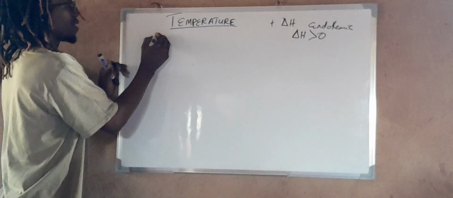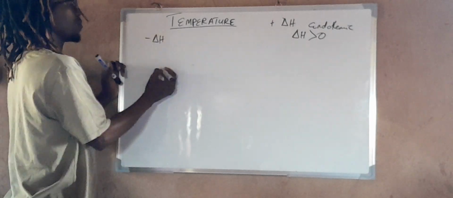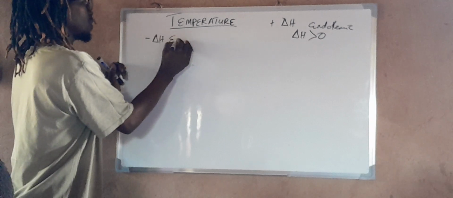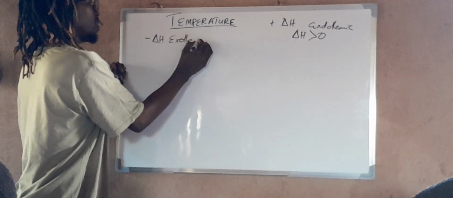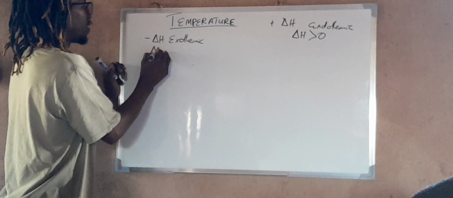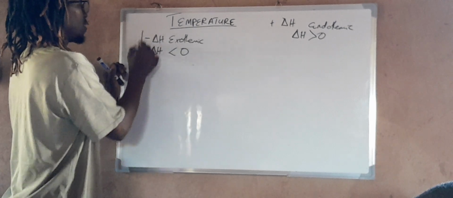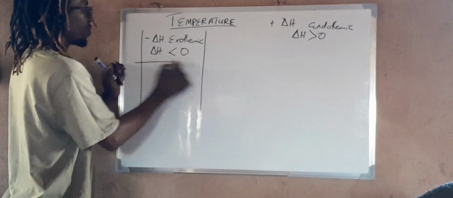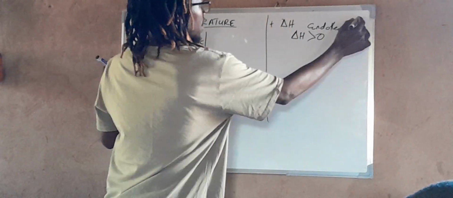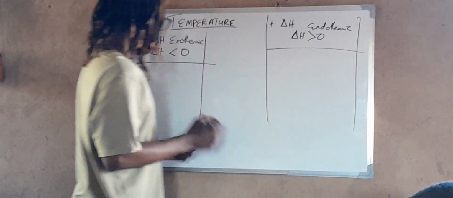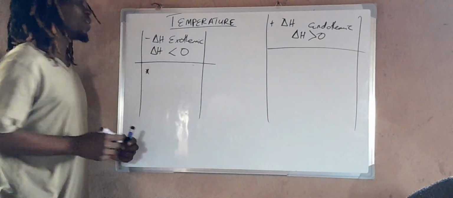And if we are having something like this, what is this? Exothermic. So our enthalpy change is less than 0, right? Let's briefly talk about what happens with the exothermic reaction.